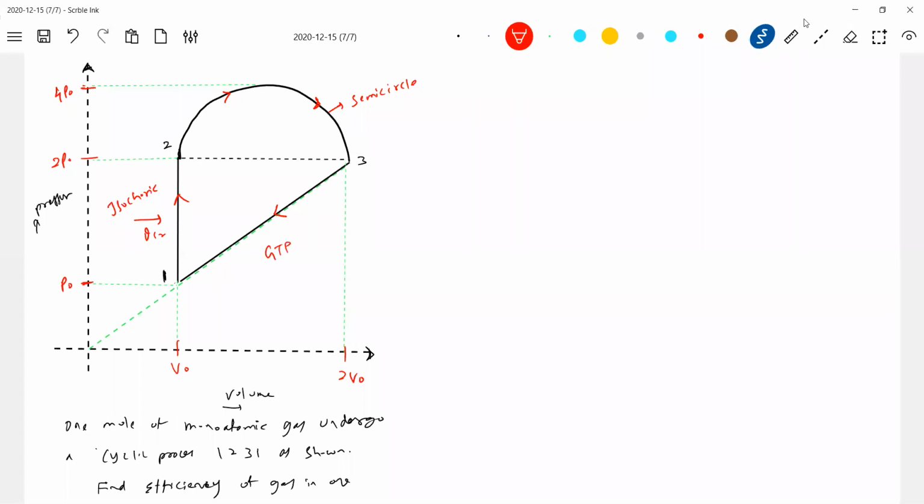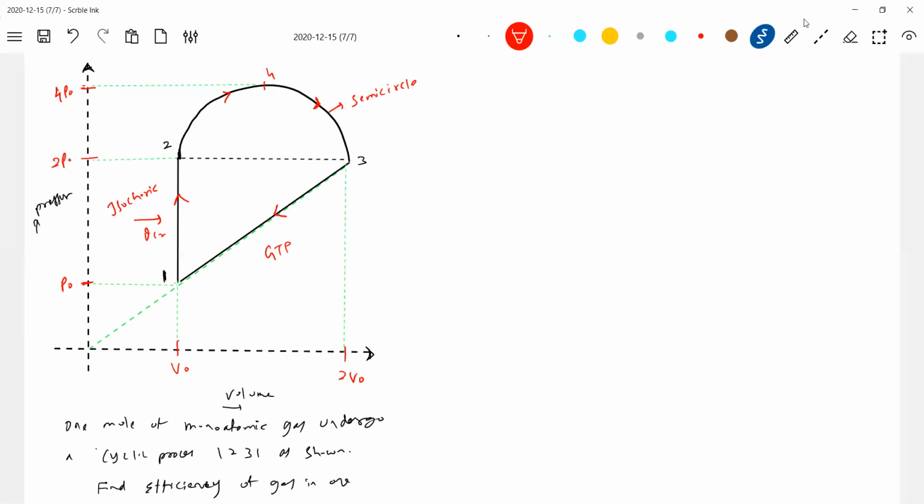Okay, what about the semicircle 2, 3? I'll give one number 4 also. Okay, 2, 4, 3. For our convenience, I just wrote 2, 4, 3. 2, 4, 3 is a semicircle.